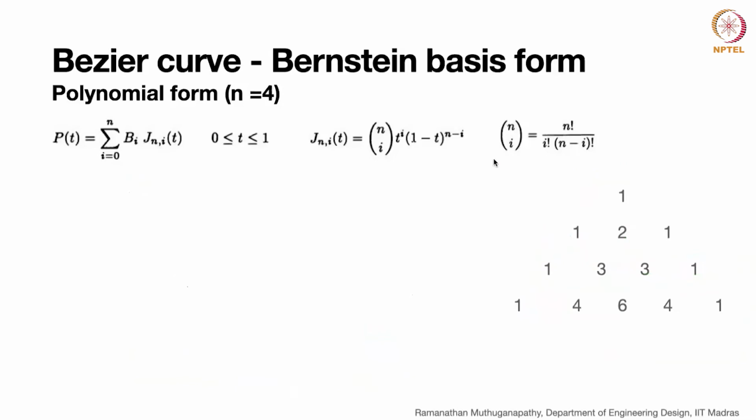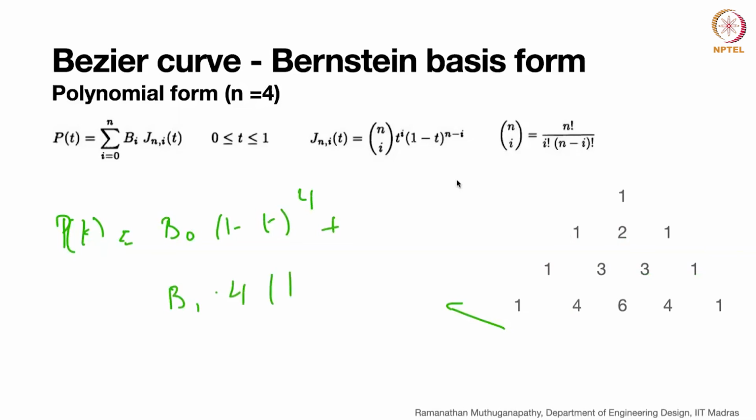Okay. So if you want to have this, you can directly write this. Just a minute. P of t equals, you know that you have to take the input, B naught. Remember, this is only one. That means 1 minus t to the power 4 plus B1. And then this is the 4 coefficient. And then you can see this goes down by 1 minus t cube and then t. Then you have B2. Then you see that 6 comes in.